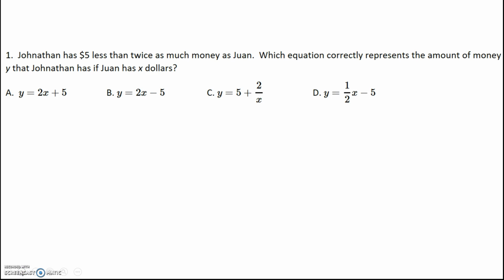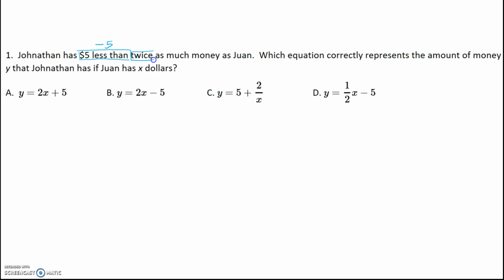Number 1 says Jonathan has $5 less than twice as much money as Juan. Which equation correctly represents the amount of money, Y, that Jonathan has if Juan has X dollars? Okay, $5 less means I'm subtracting 5.